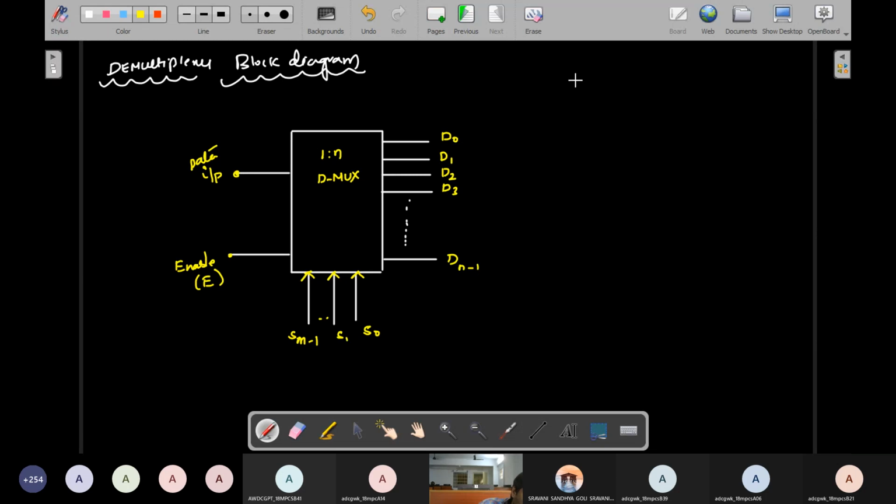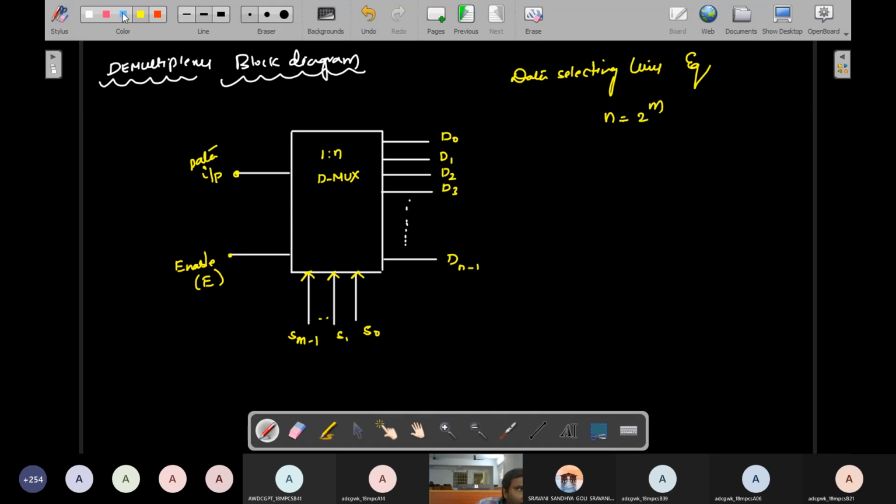The equation is n is equal to 2 power m.